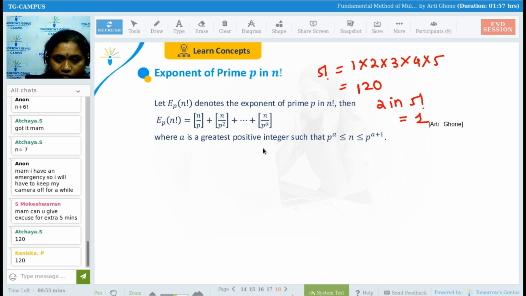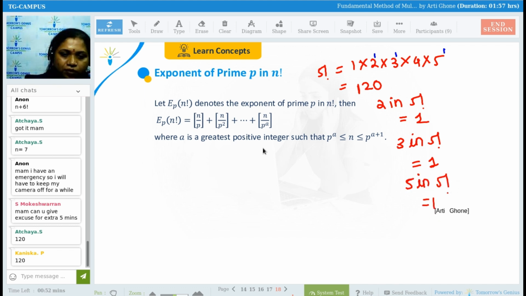What is the power of 3 in 5 factorial, what will you answer? 1. What is the power of 5 in 5 factorial? 1. Clear? Up to this is clear. Pattern is cleared.